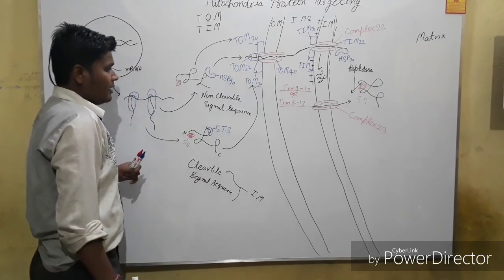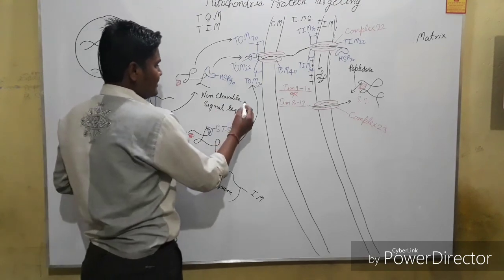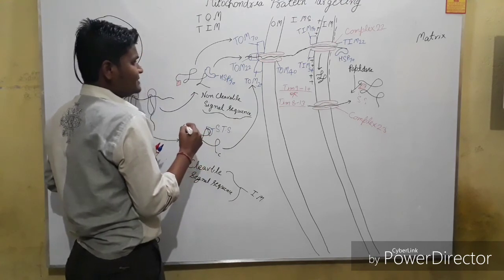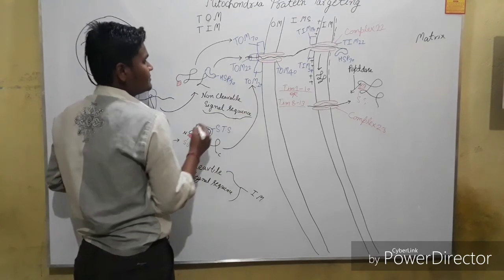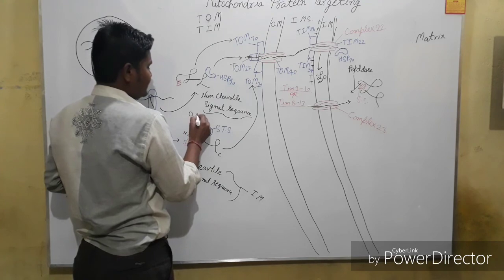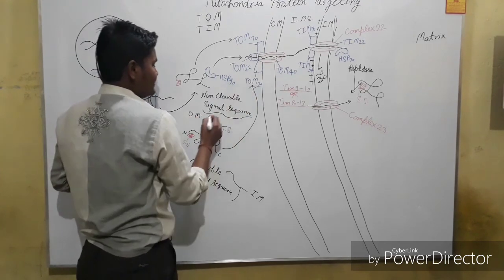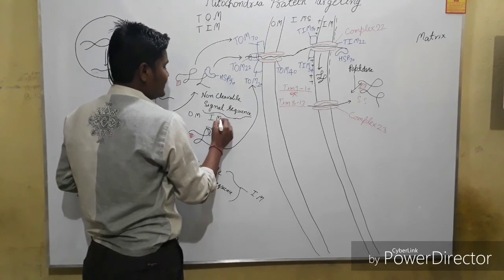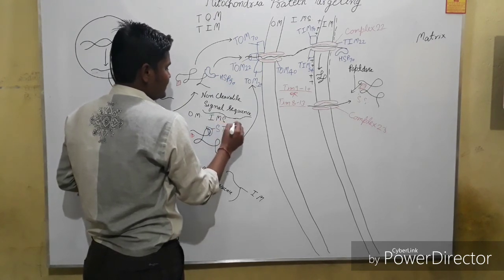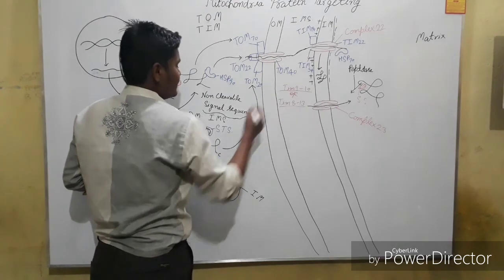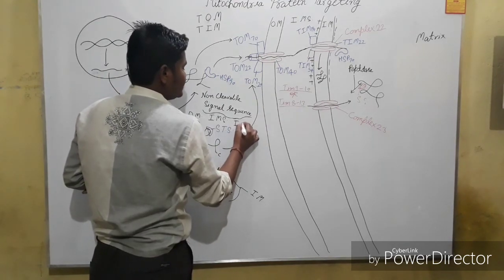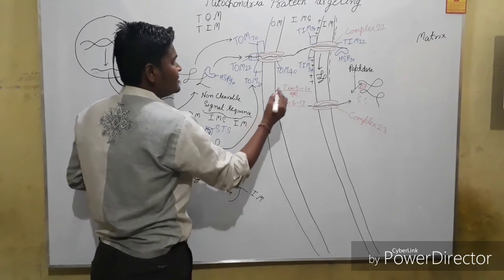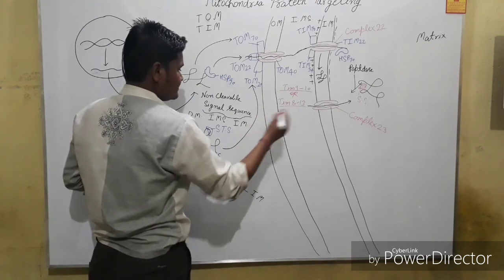The non-cleavable protein goes to the outer membrane, as well as the intermembrane space, the inner membrane, and also inside the matrix.